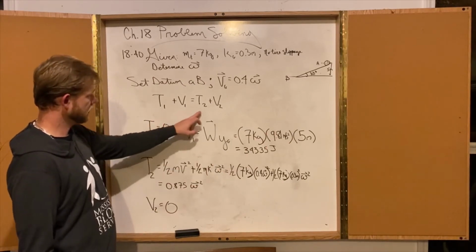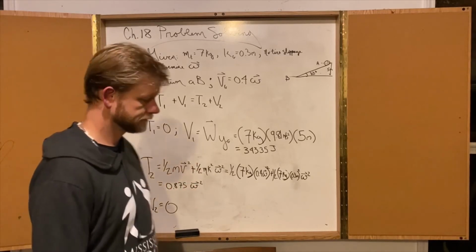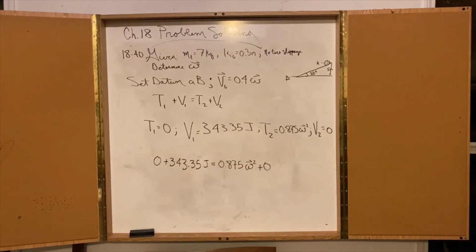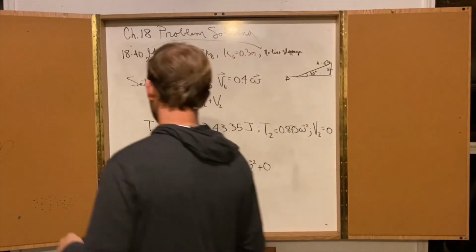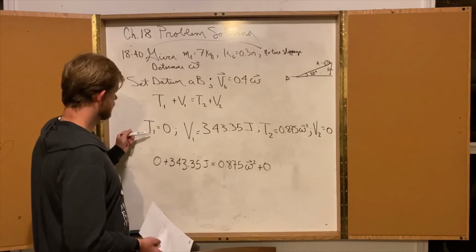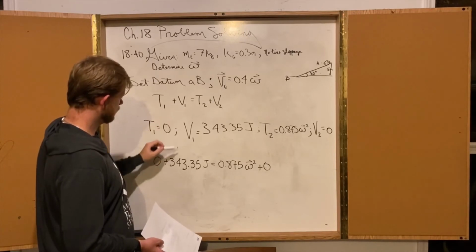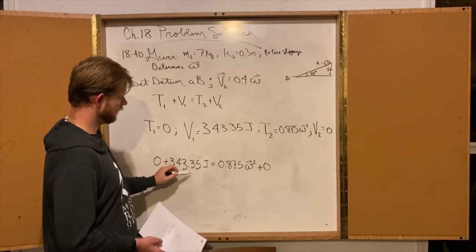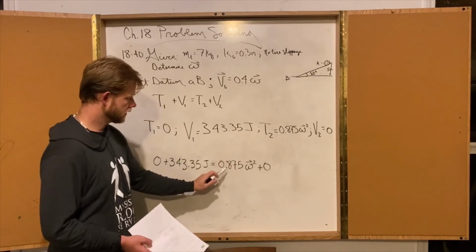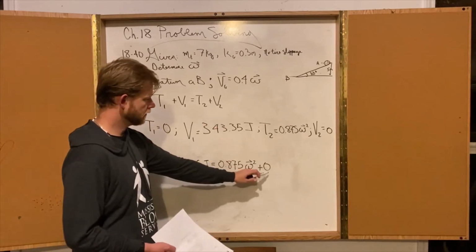So we have everything except omega squared. Now we use algebra to solve the problem. So thanks to the magic of digital editing, we have T1 equals 0, V1 equals 343.35 joules, T2 equals 0.875 omega squared, V2 equals 0.